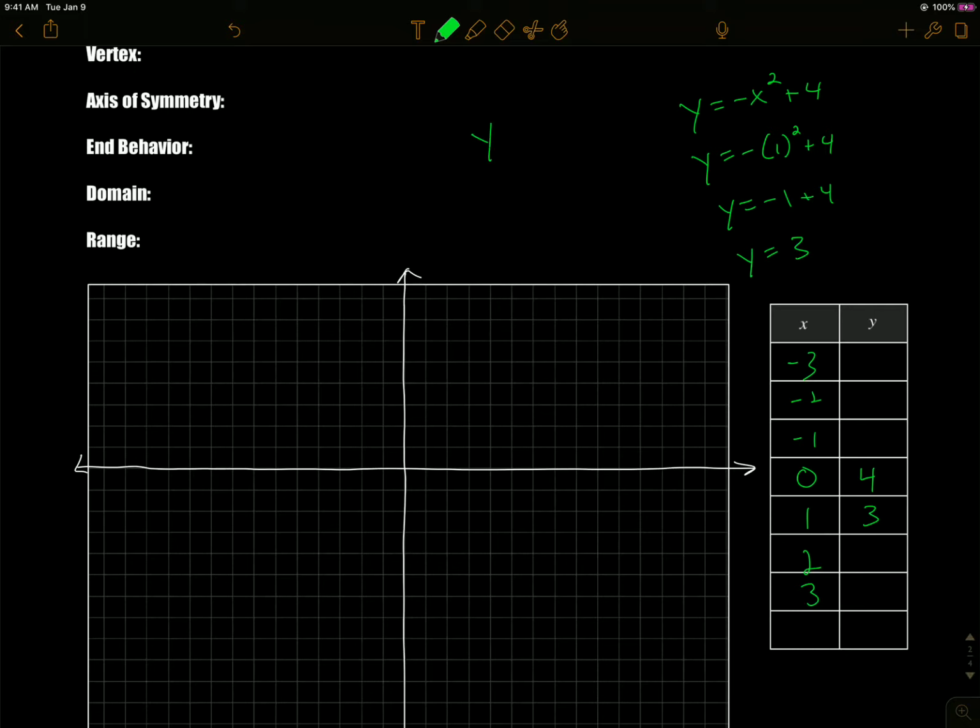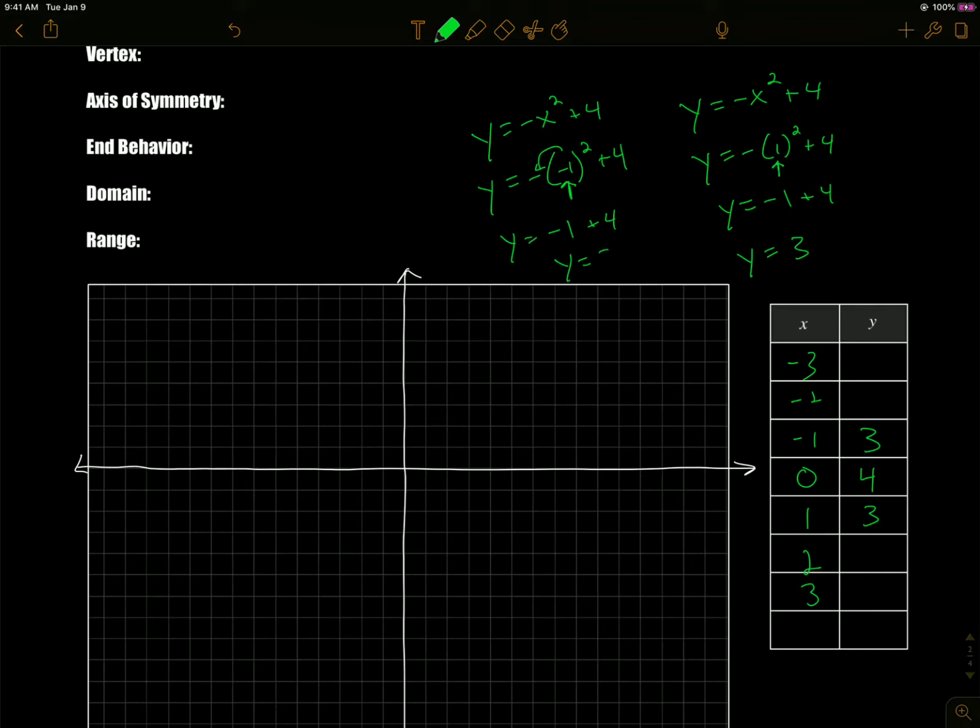Next to that, I'm going to plug in -1 so you can see the difference. Parentheses are very important. So y equals -(-1) squared plus 4. See the setup here? Here I'm plugging in 1, here I'm plugging in -1. So (-1) squared is +1, but then I multiply it by the negative, so it's -1, plus 4. So I get 4 minus 1 is 3.